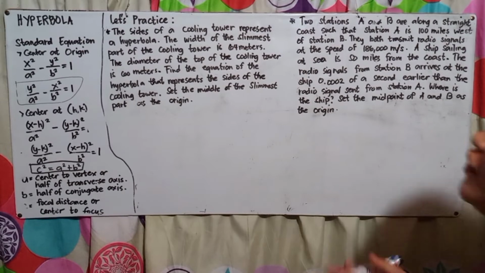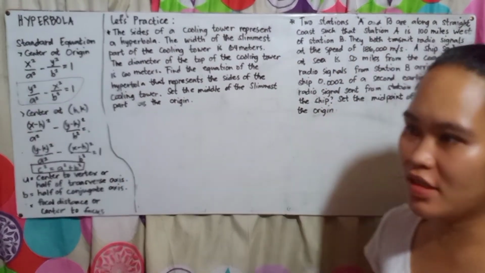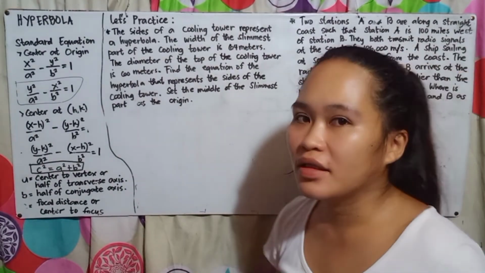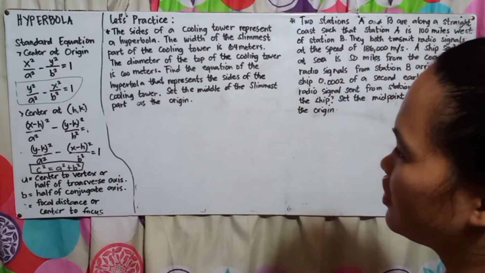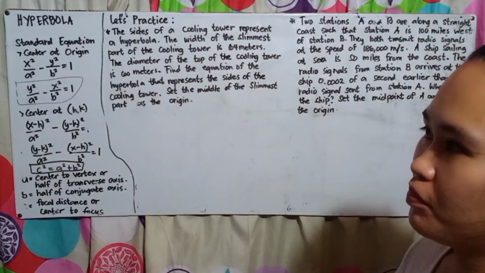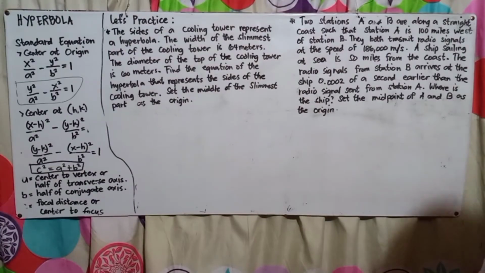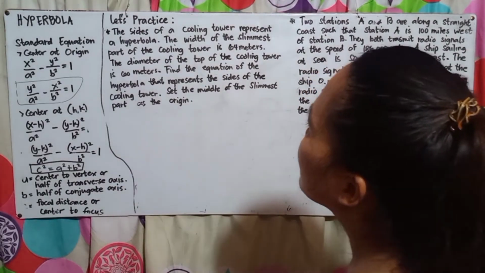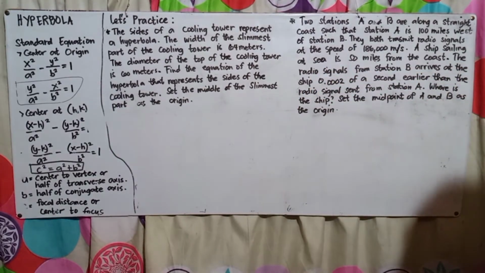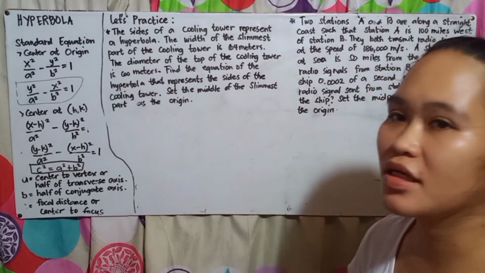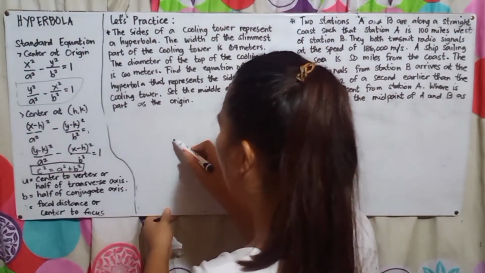Okay, so next example. This is an example of a real life scenario, problems involving hyperbola. The sides of a cooling tower, as you can see, the cooling tower is the shape of a hyperbola.